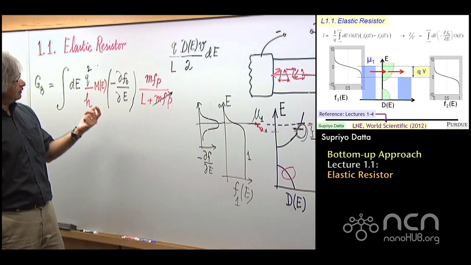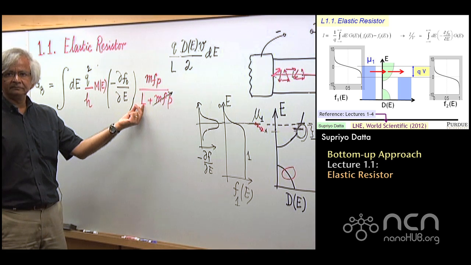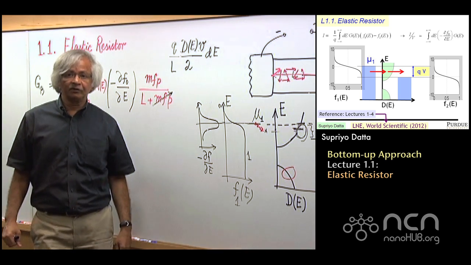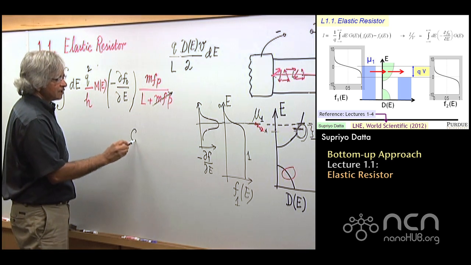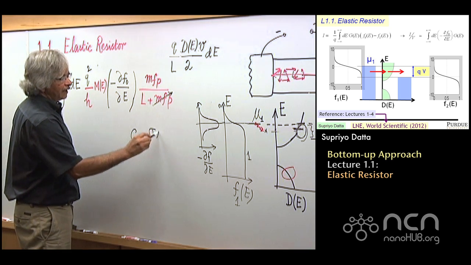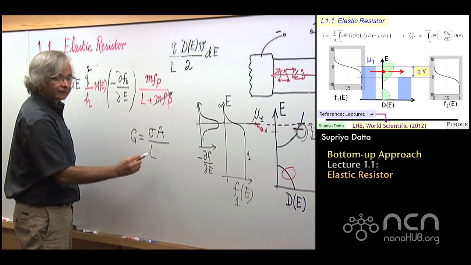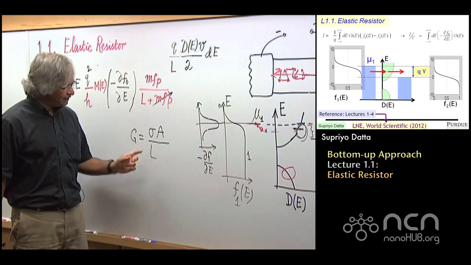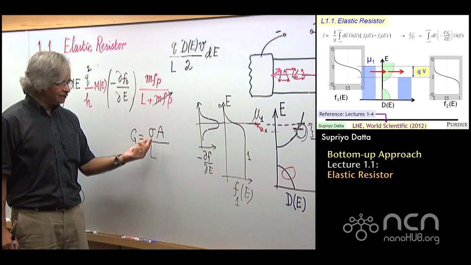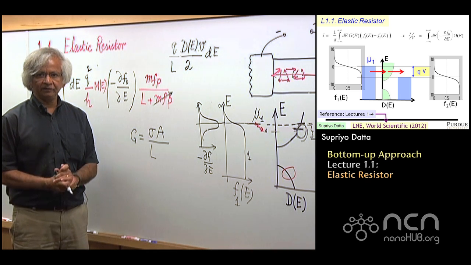And then the conductance would actually go down with length, which is of course exactly what you expect from Ohm's law. What you learn from Ohm's law is that the conductance should be sigma, a conductivity, times the area divided by length. And of course what modern nanoelectronics has taught us is that this isn't quite right, because this would tell you that as L tends to 0, conductance should go to infinity, which it doesn't.